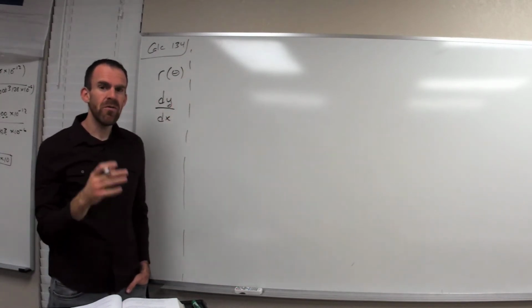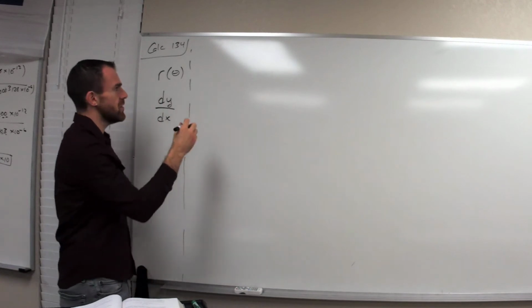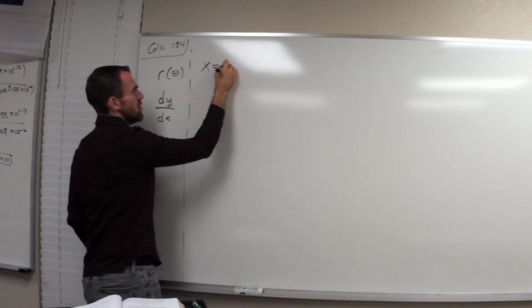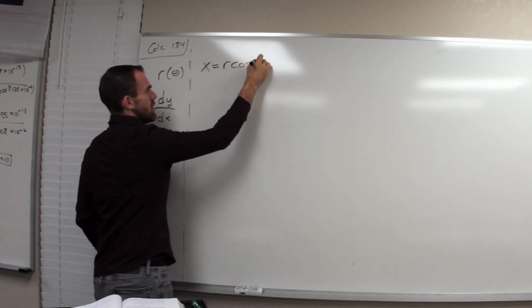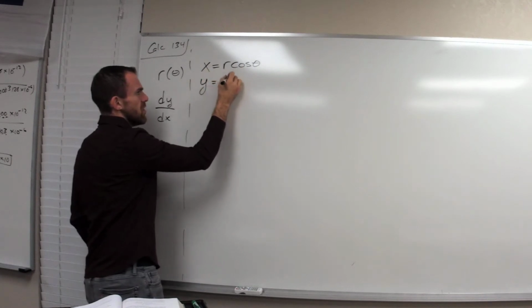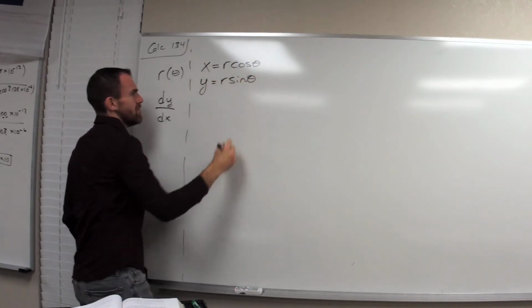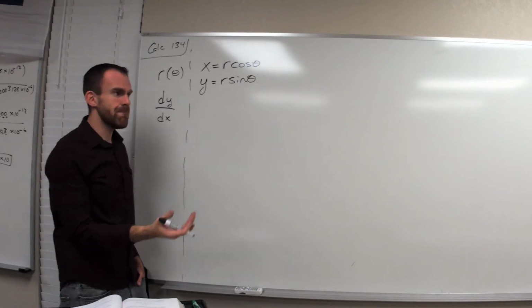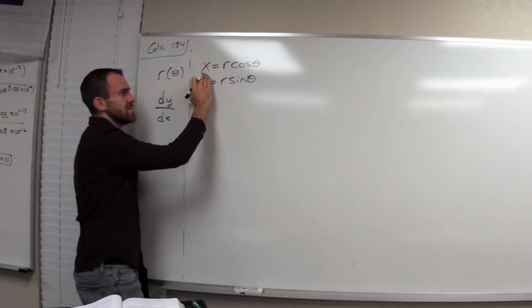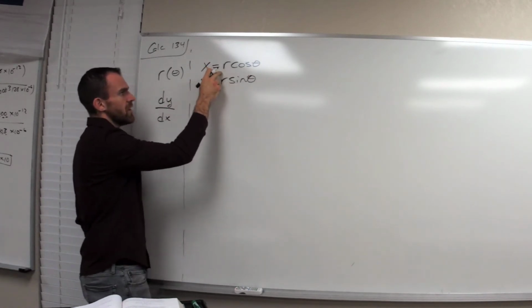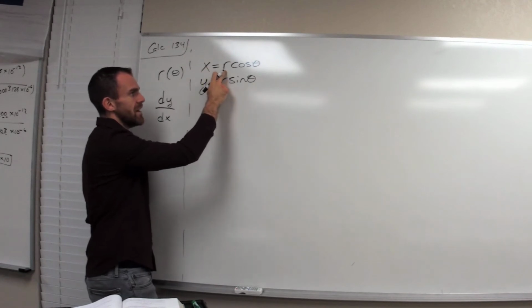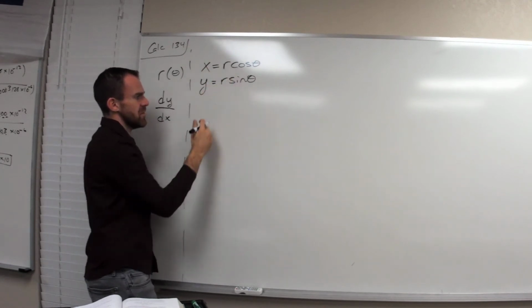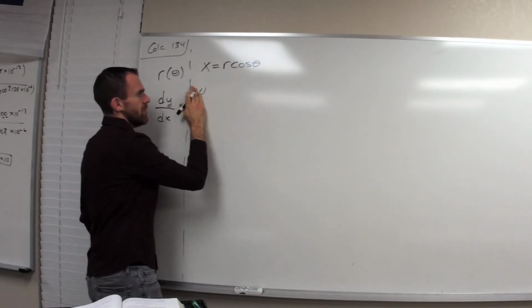Now remember, for any polar curve, the x-coordinate is r cosine theta, and the y-coordinate is r sine theta. So if we are given r, I can plug that in here, and we have x as a function of theta.